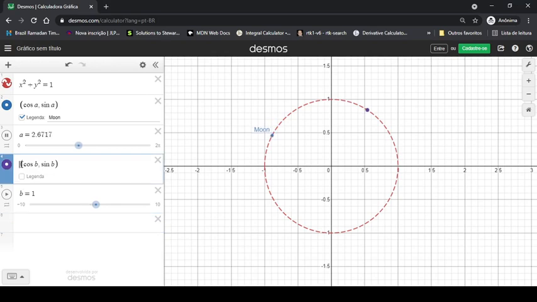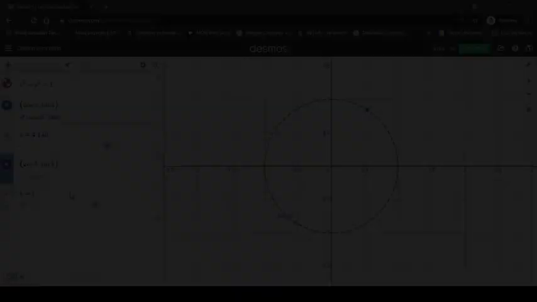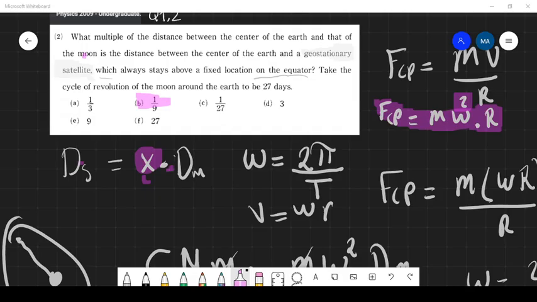Well, if the radius from the earth to the moon is 1, let me go back to the sheet paper over here. Can you see it? Yes. If this is 1, like I assumed in our drawing, then the distance to the satellite is 1 divided by 9.